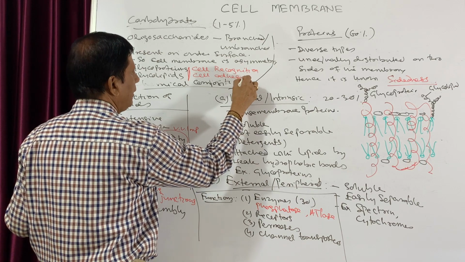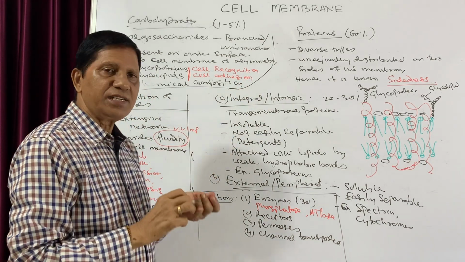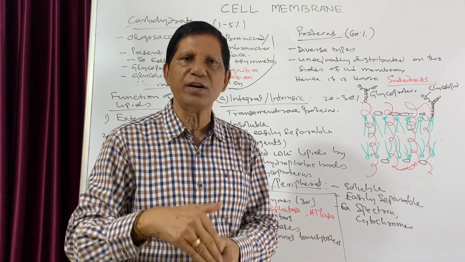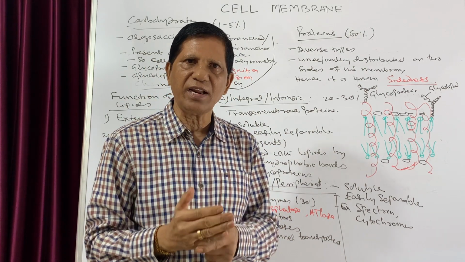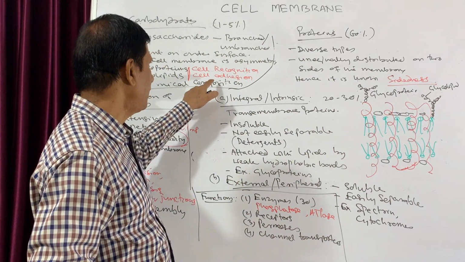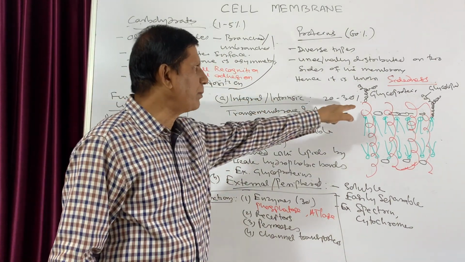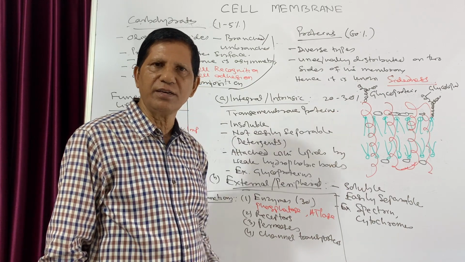That means whether the cell which is coming in contact is of a similar type or a dissimilar type, it will recognize it. Then there will be attachment. Since it has to recognize on the outer side, that is why they are present on the outer side, not on the inner side.